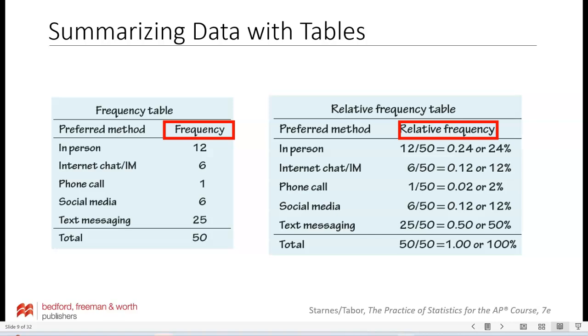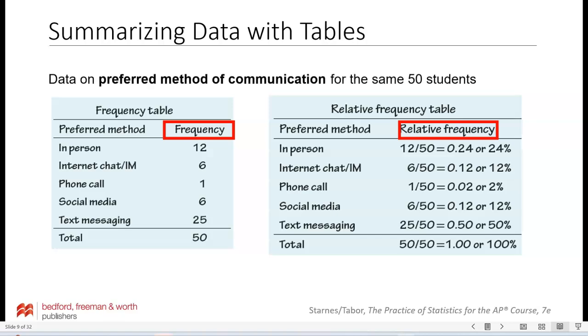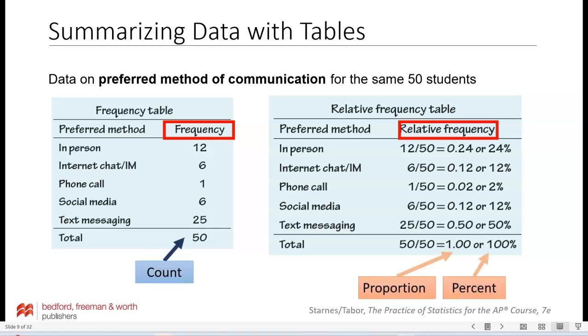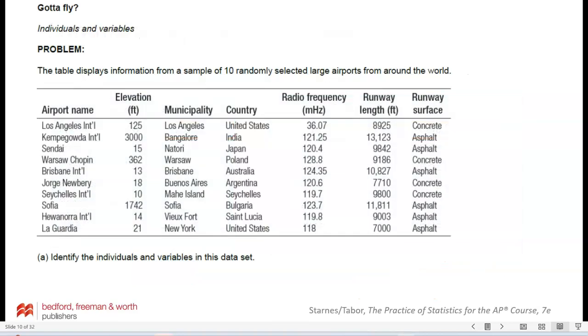Or you could break all those down into relative frequencies by either just writing the fraction or the decimal or the percentage. So 12 divided by 50 is 24%. Those are relative frequencies. The proportions or percentages are relative frequencies, whereas the left-hand side is just how many of them there are. Again, frequency is just a count.